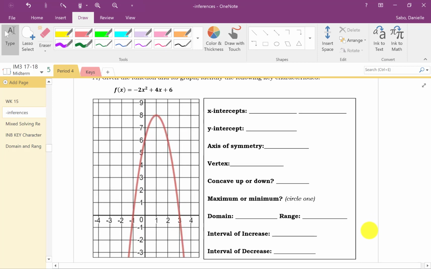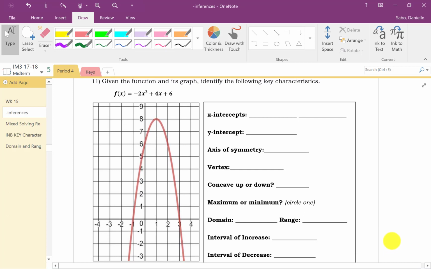So when we look at this function, it says given the function and its graph, identify the following key characteristics. The first thing it's asking for are the x-intercepts. Now the x-intercepts are where the graph, the function, crosses that x-axis. The x-axis is right here.